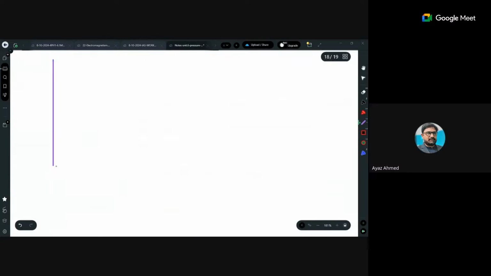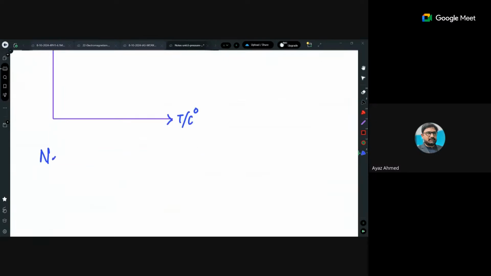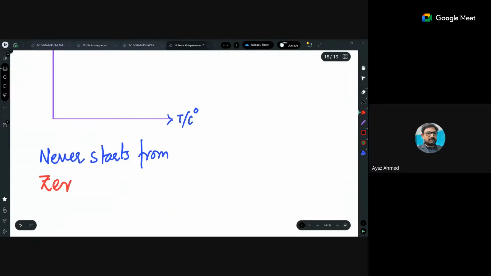It is your volume, and it is your temperature in degree centigrade, right? Then the graph will never start from zero. Remember this thing, that it never starts from zero, right?